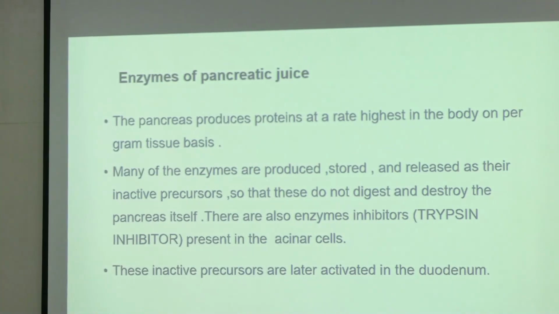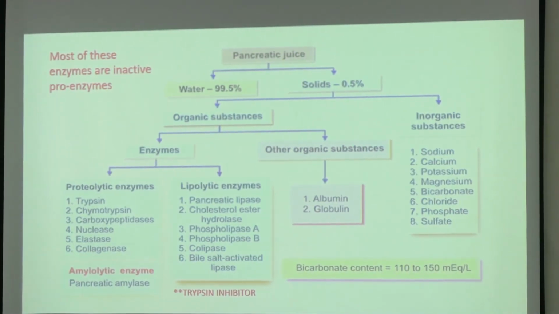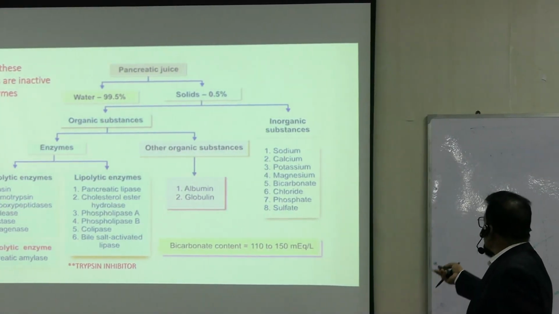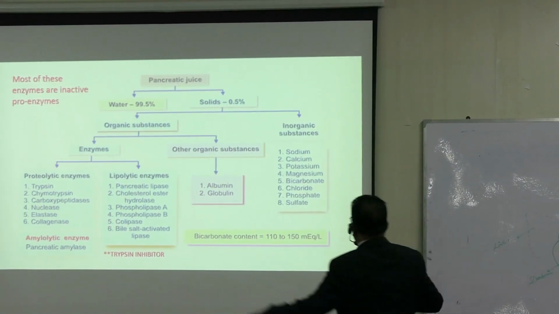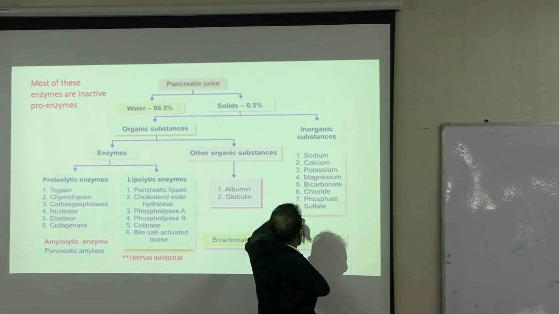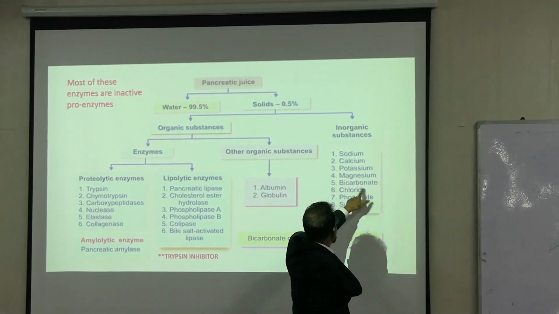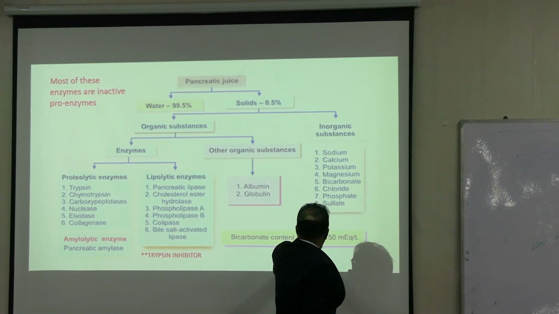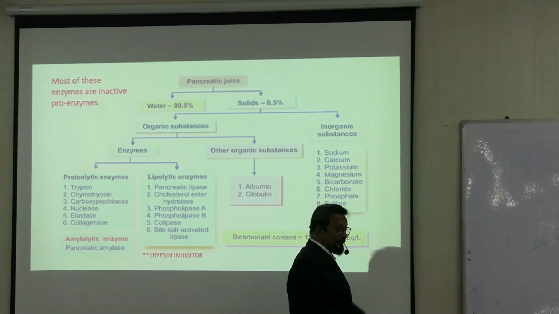In the pancreatic juice, you will find very little albumin, and mostly bicarbonate. The cations are very few, but among the anions the concentration is very high, varying from 110 to 150.